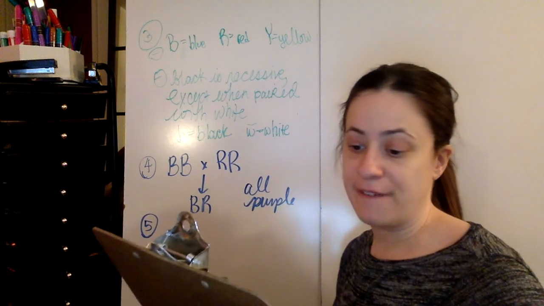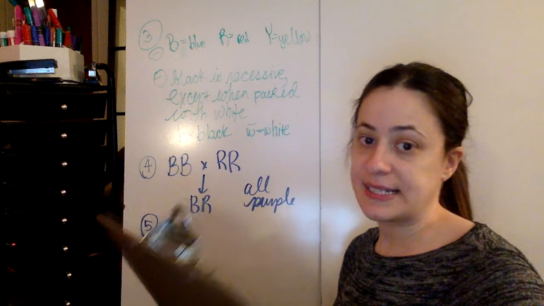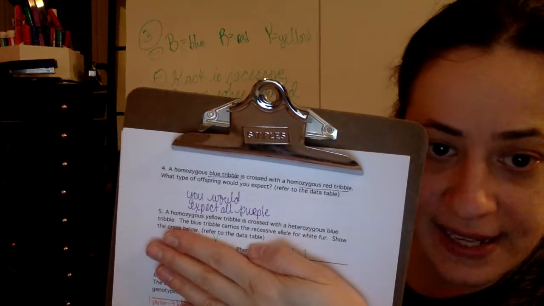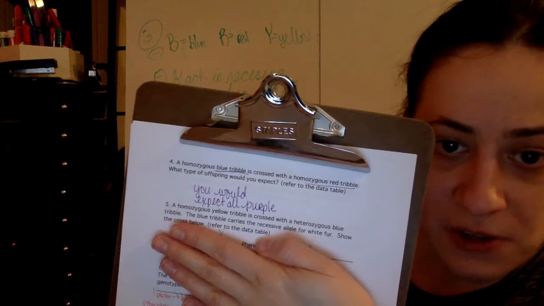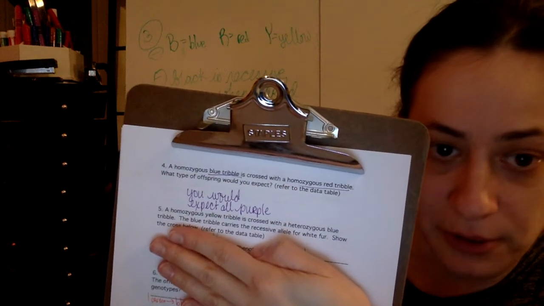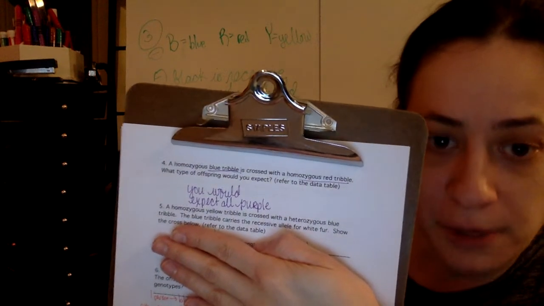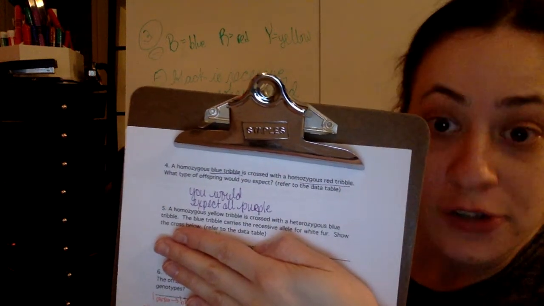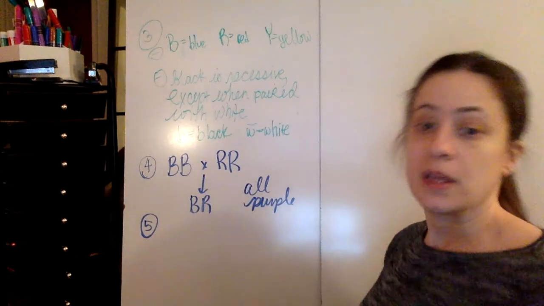Now, number 5. A homozygous yellow tribble is crossed with a heterozygous blue tribble. The blue tribble carries the recessive allele for white fur. Show the cross below.